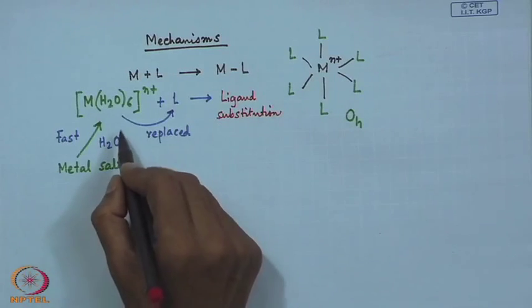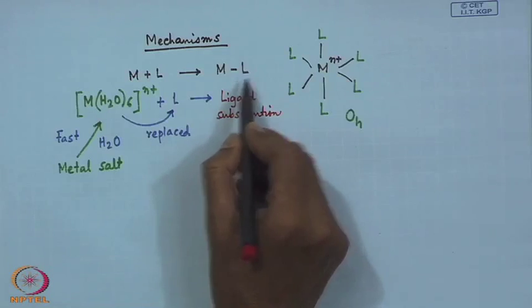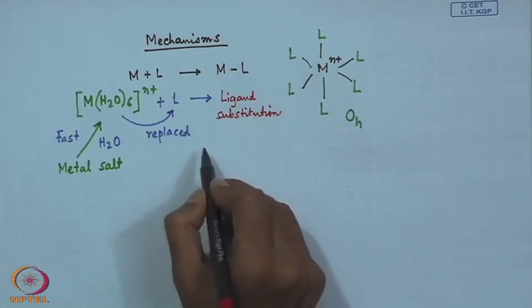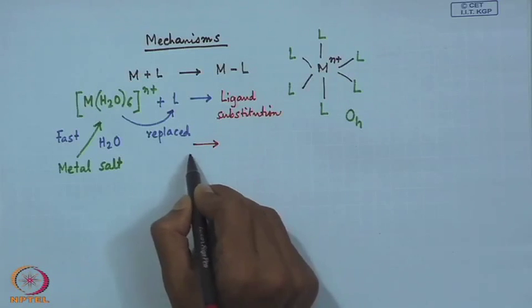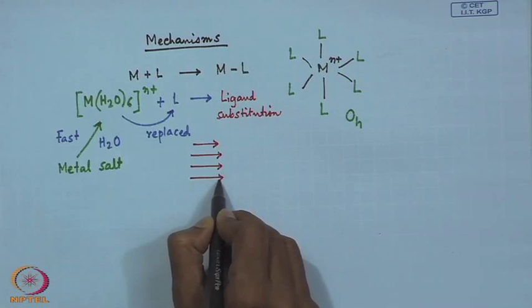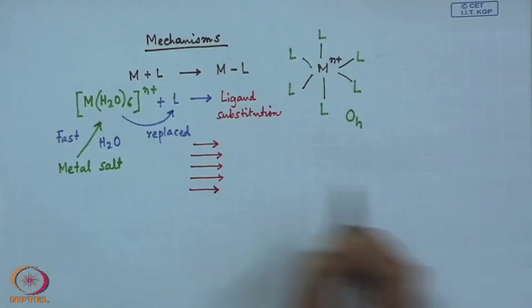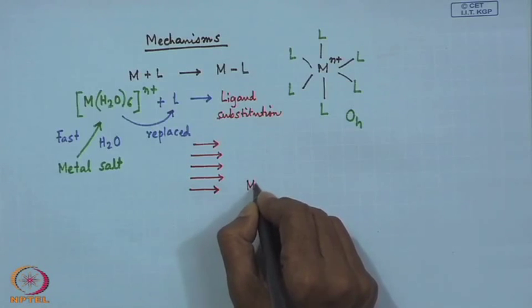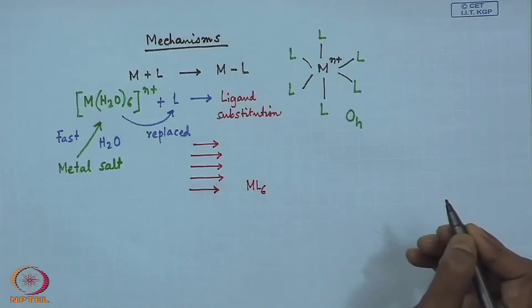For six ligands to occupy positions 1, 2, 3, 4, 5, 6, we have all six steps, and ultimately we can have a corresponding ML6 species.